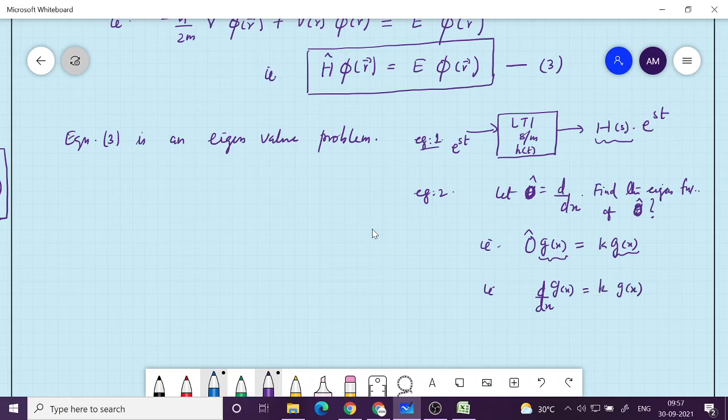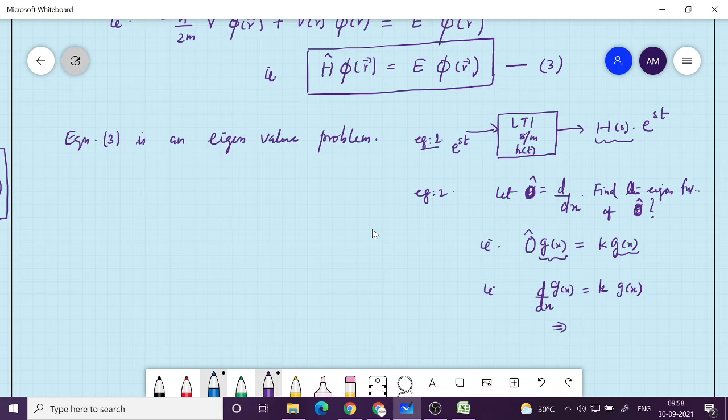So which function can give us this result when it is operated with the operator? It will result in the same function. It will not change the function. It is only multiplying with a constant. Which function will be able to do this?